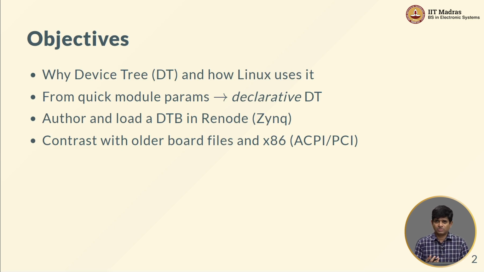So what we have previously seen is that we can pass module parameters while loading the module. What we would like to do now is follow another approach which is called the declarative approach. And the declarative approach essentially says that it's a different style of programming. What we normally do when we write C code is what's called imperative programming.